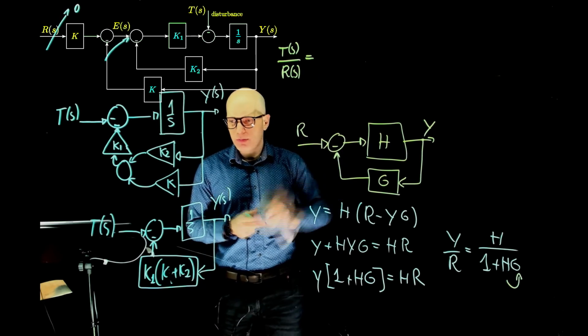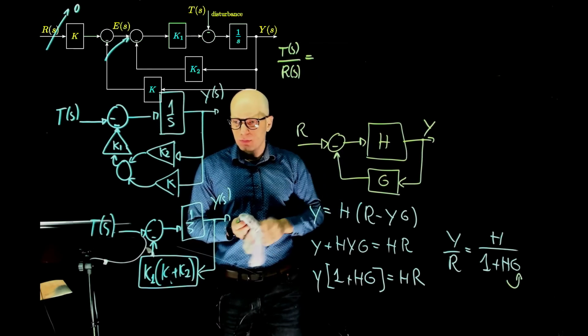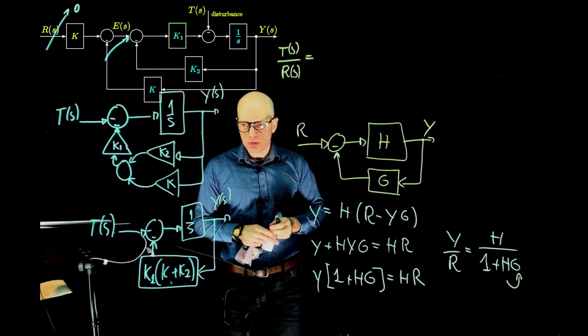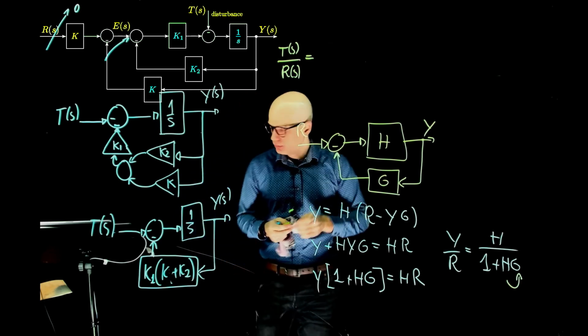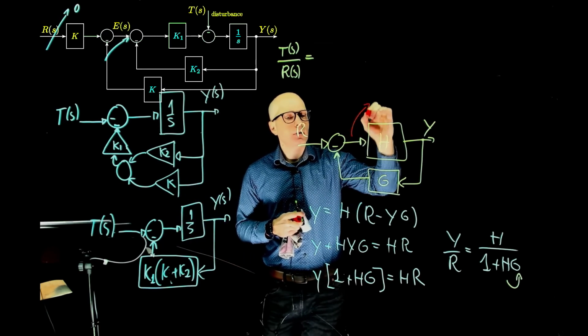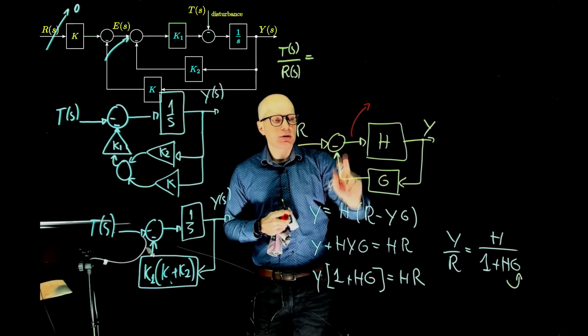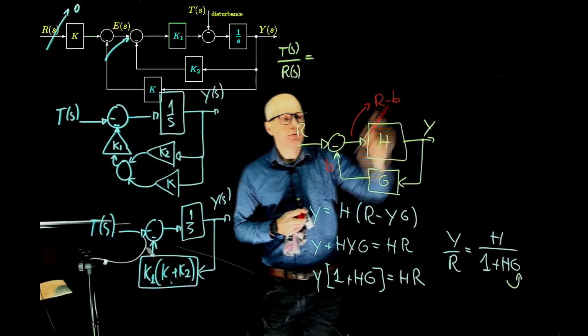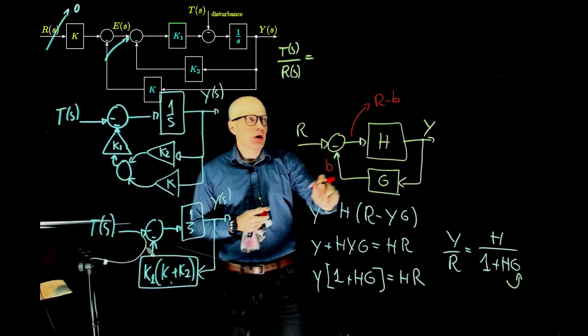Professor, do you mind going over the derivation again? Which part? How did you get Y again? Okay, so this signal here is signal R minus this signal. Let's call it signal B. So this is R minus B, correct? And what is B?